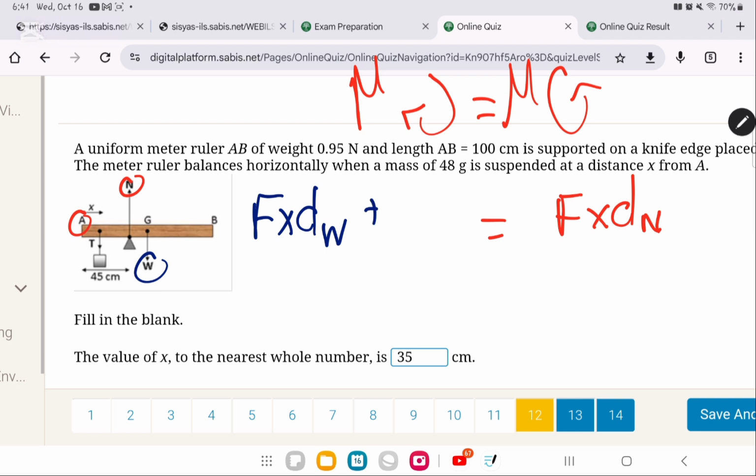Because if you find the moment of force T, you use the right hand rule, you will see that your thumb is also pointing inside. So again, it is clockwise.